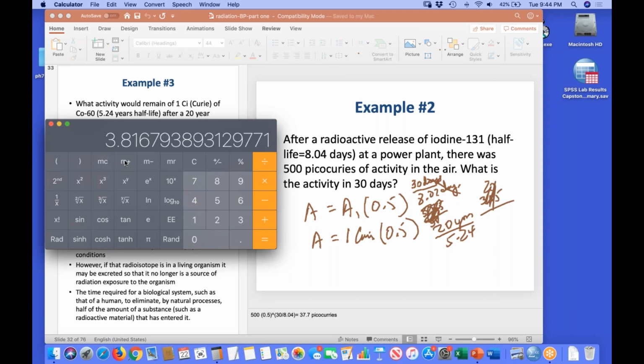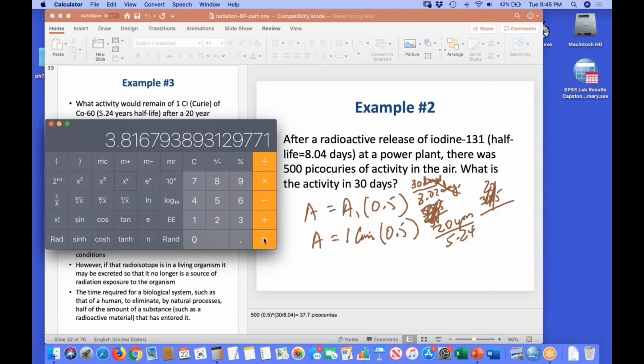Let me put that into memory before it gets away. Actually, I don't want to multiply. Let me clear this out. I want to take 0.5 to that power.